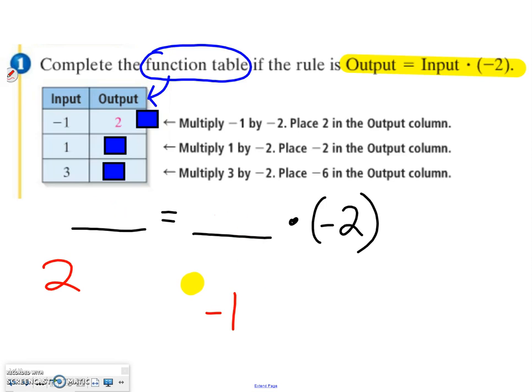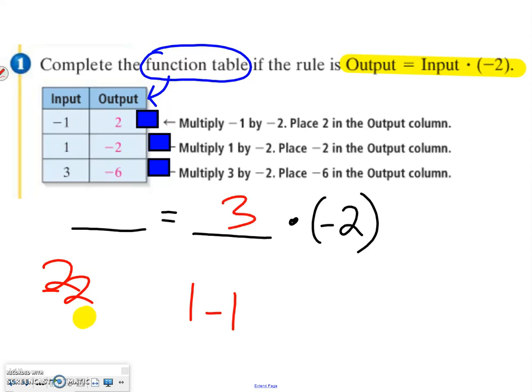If we input a 1 instead of a -1, 1 times -2 is -2, and there we have our output of -2. And then lastly, if we choose the input of 3, 3 times -2, as you can see, is -6. That is our output.